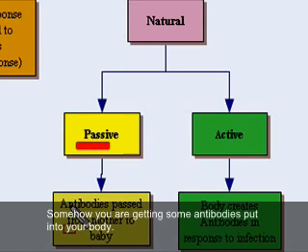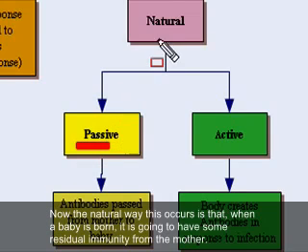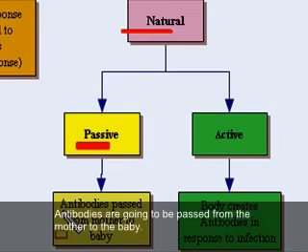Somehow you are getting some antibodies put into your body. Now, the natural way this occurs is that when a baby is born, it is going to have some residual immunity from the mother. Antibodies are going to be passed from the mother to the baby.